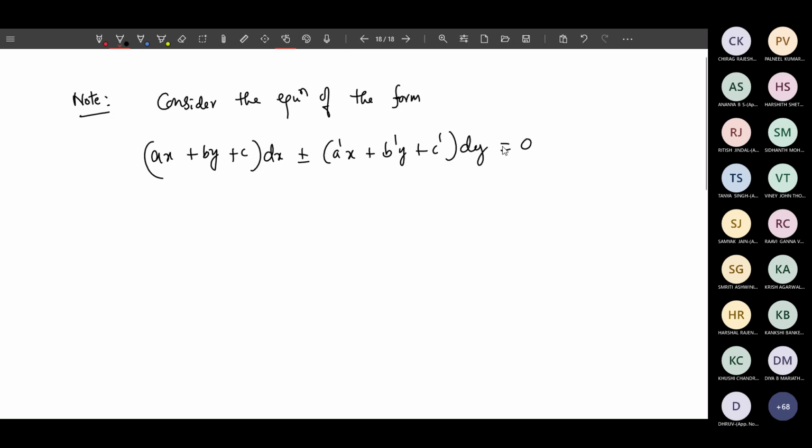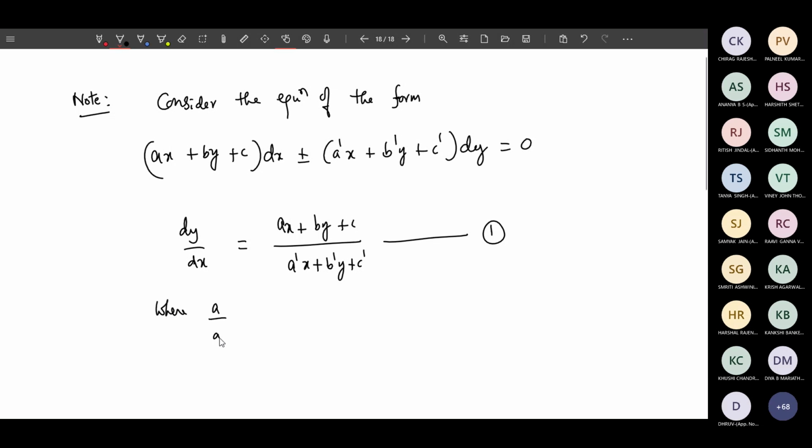So where a, b, c are in general real numbers, of course assume that these are integers, and dy by dx in this case is the same as (ax plus by plus c) by (a dash x plus b dash y plus c dash). So equation 1, where one condition is there here, the ratio a by a dash is not equal to b by b dash.